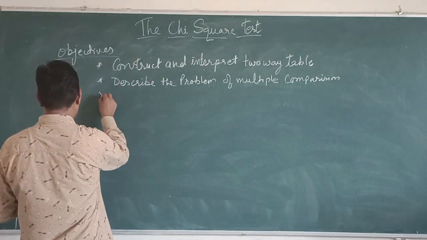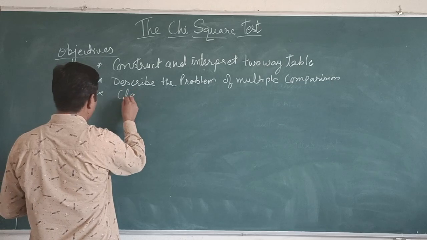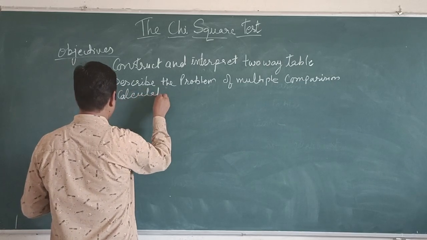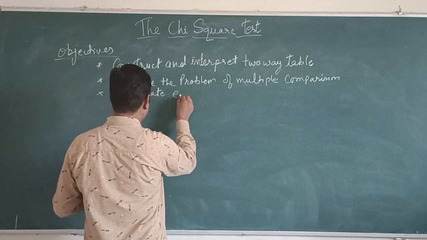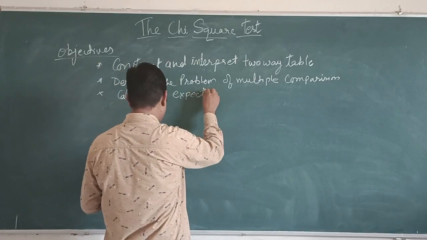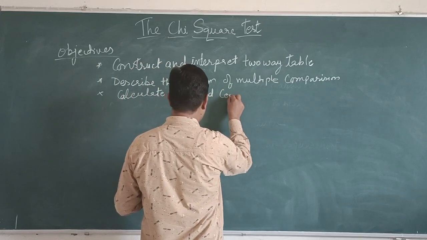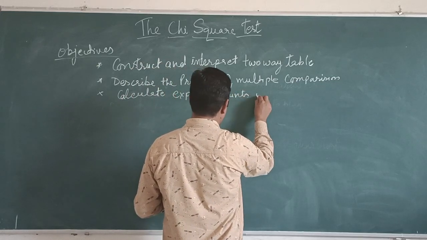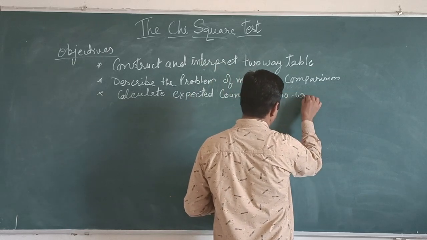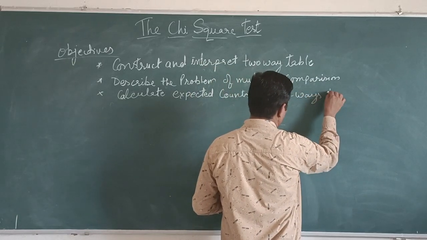Next one is to calculate expected counts in two-way tables.